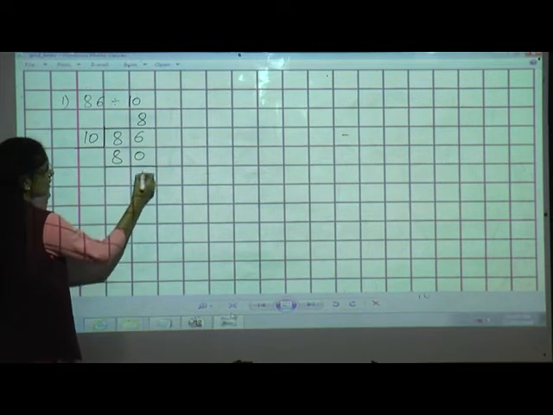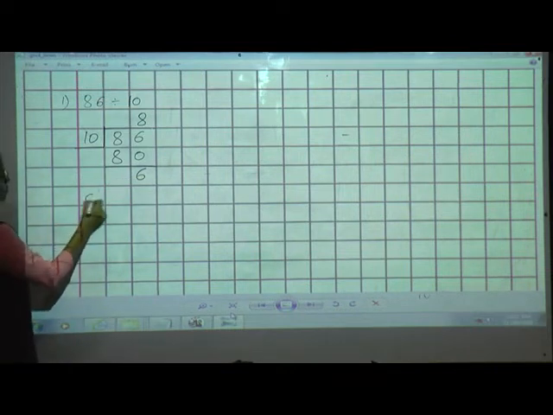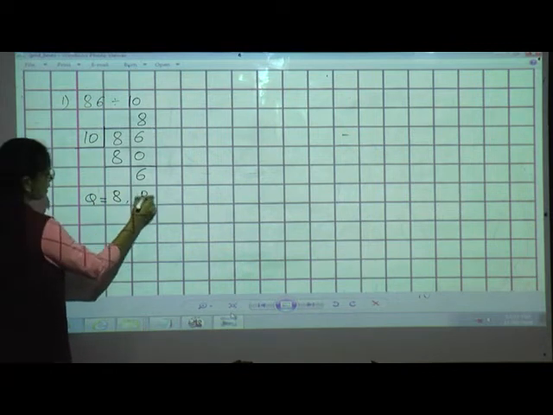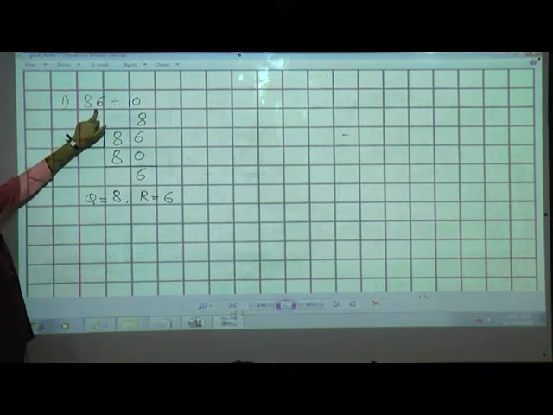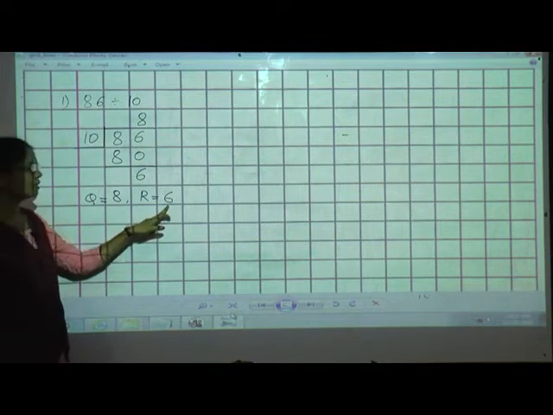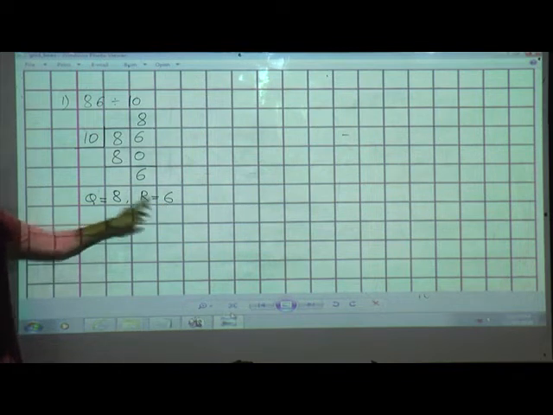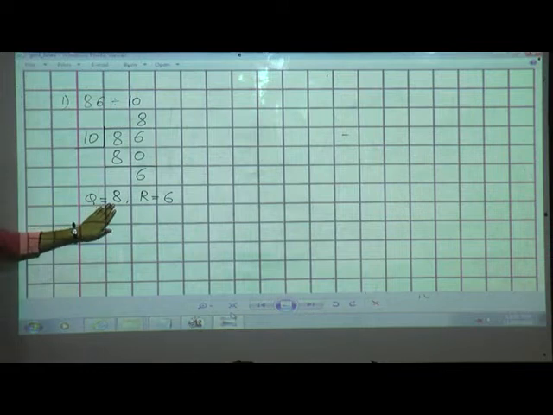Now 86 minus 80, remainder 6. So what quotient did we get here? 8, and the remainder is 6. In 86, at the ones place 6 is there, and that number should be the remainder. So here we got the remainder 6, and the remaining number 8 is our quotient.